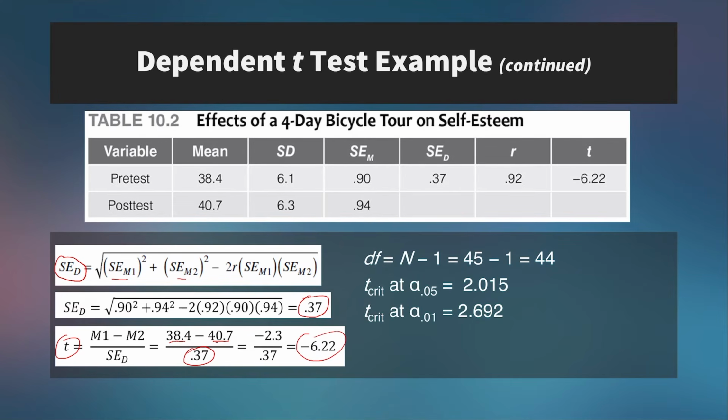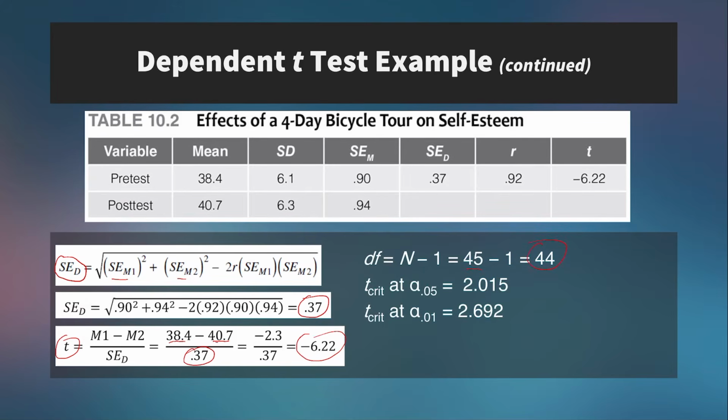Now in this case, for dependent samples t-tests or paired samples t-tests, the degrees of freedom calculation is not the same as the independent samples t-test. We have one extra degree of freedom. So instead of subtracting 1 degree of freedom per group, essentially it's the same group. So we have 44 degrees of freedom if our starting sample was 45.